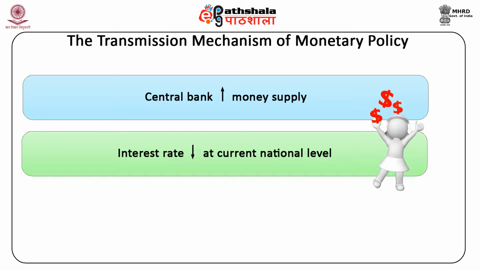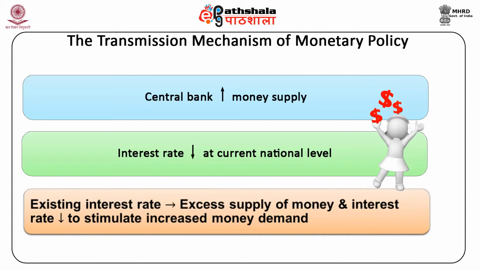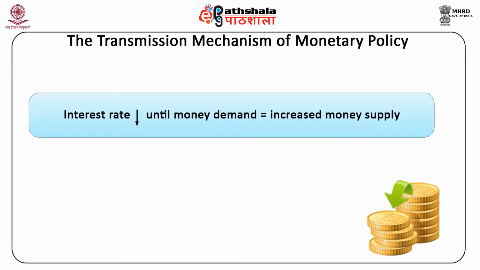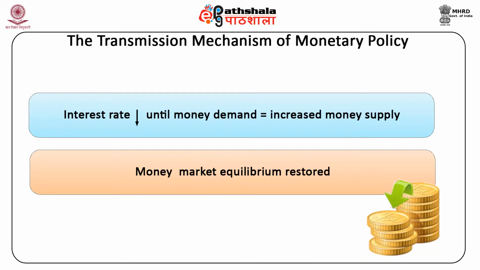This is because at the existing interest rate, there is an excess supply of money, and the interest rate has to fall to stimulate an increased demand for money. The interest rate continues to fall until the demand for money is again equal to the increased money supply and money market equilibrium is restored.